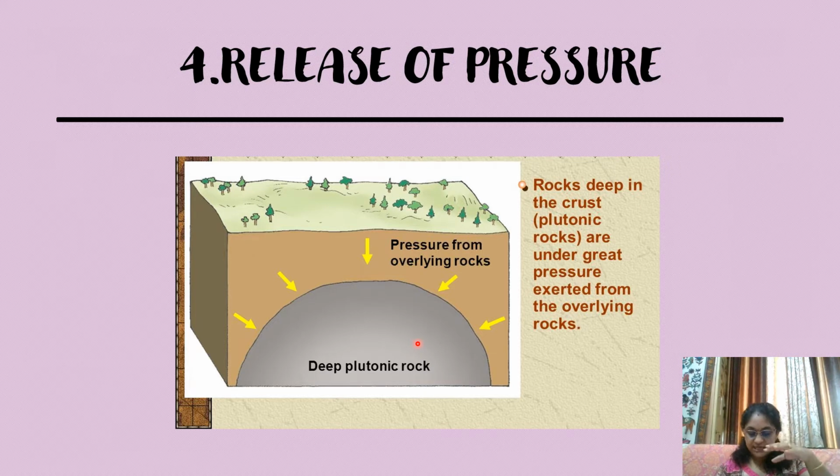Sometimes the pressure is less. So when the pressure ceases to exist, the lower or thinner layer gets freed from the pressure. As a result of that, the rocks deep in the crust are under great pressure exerted from the overlying rocks. But when there is no pressure at all, it leads to no pressure on the thinner layer.